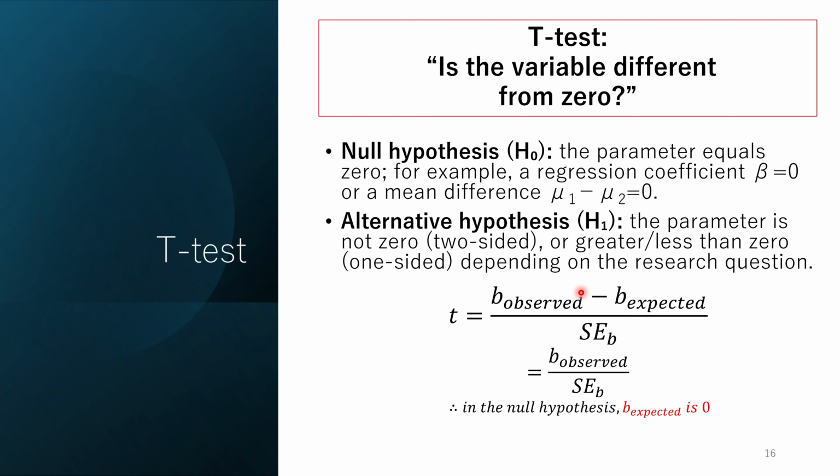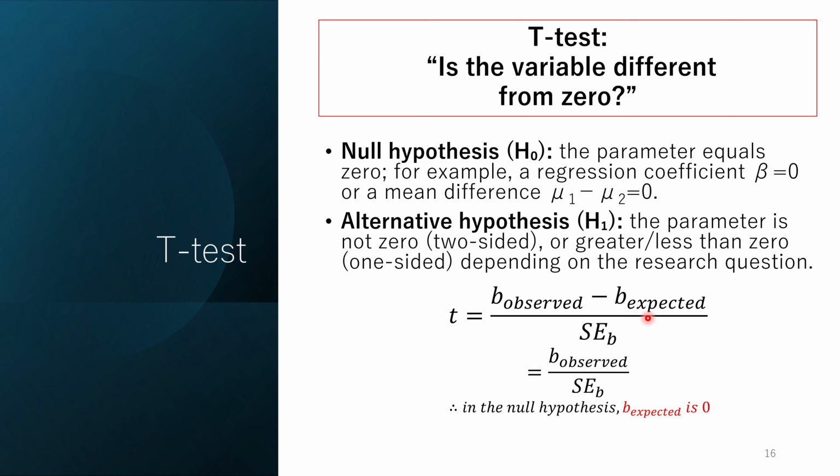Next is the t-test. The t-test asks whether the variable is different from 0 or not. Null hypothesis is here: the parameter equals 0. And alternative hypothesis is here: the parameter is not 0 in the two-sided case, or greater or less than 0 in the one-sided case.